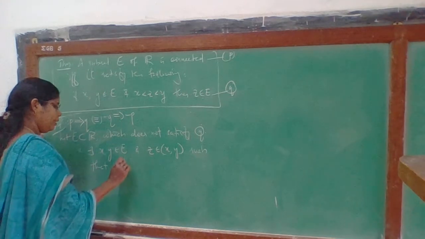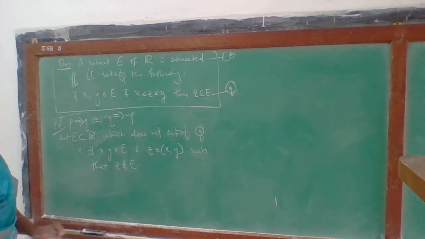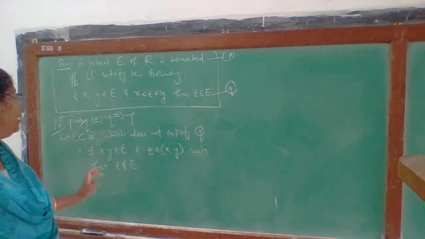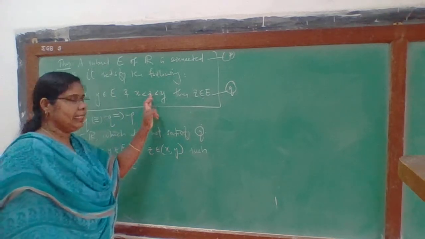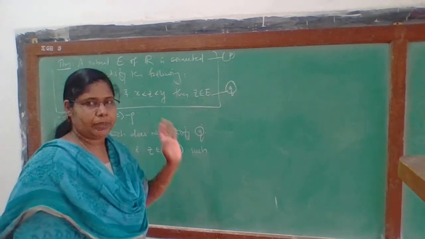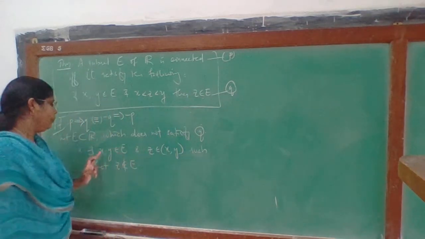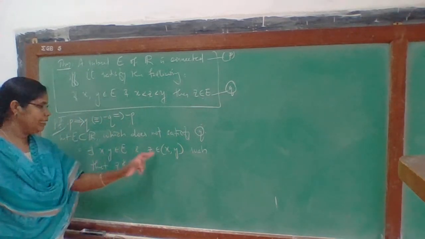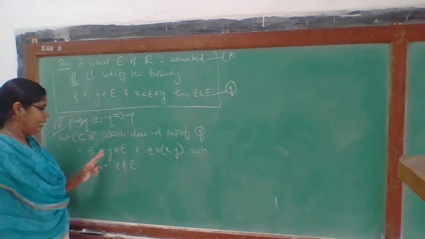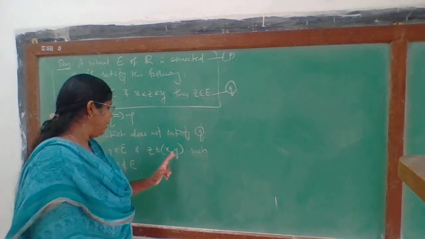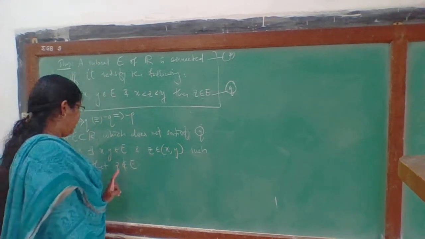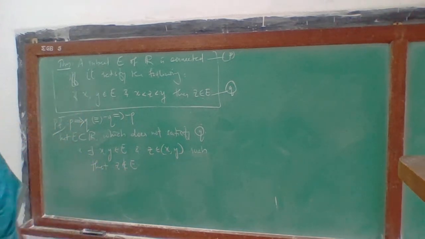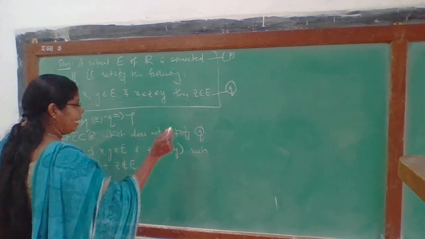z is not in E. So the statement Q is not satisfied means, Q says that whenever x and y are points in E and z is a point in between x and y, then z must be in E. So that is not satisfied means there are some points x, y, z in R such that x and y are elements of E, x less than y, z is in between x and y, but z is not an element of E. So that is the negation of the statement.